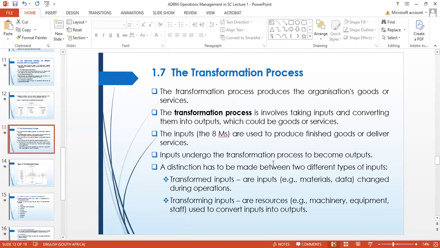We are talking of things such as materials, data, raw materials, for example, and data. These ones are changed during operations. You come up with something that is different. For example, wood is a raw material that is used to produce tables. So the final product is different from the input. So a transformed input is changed.